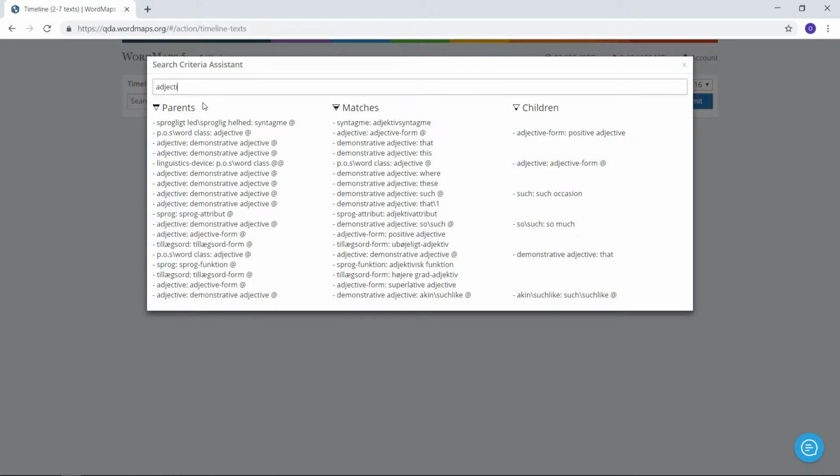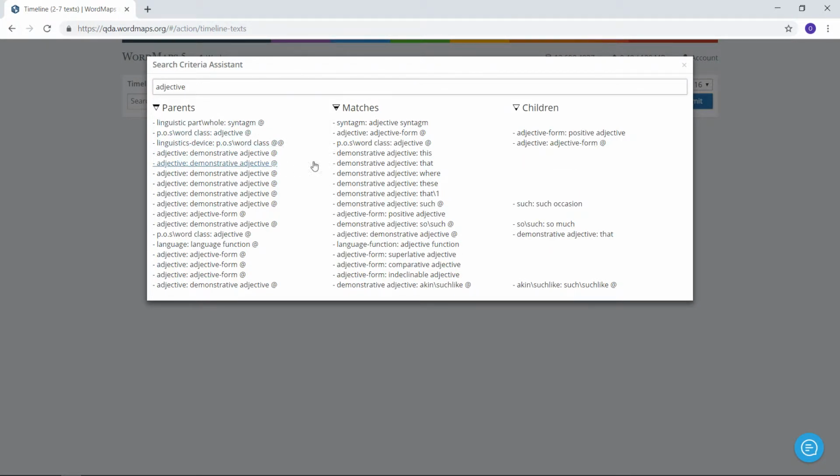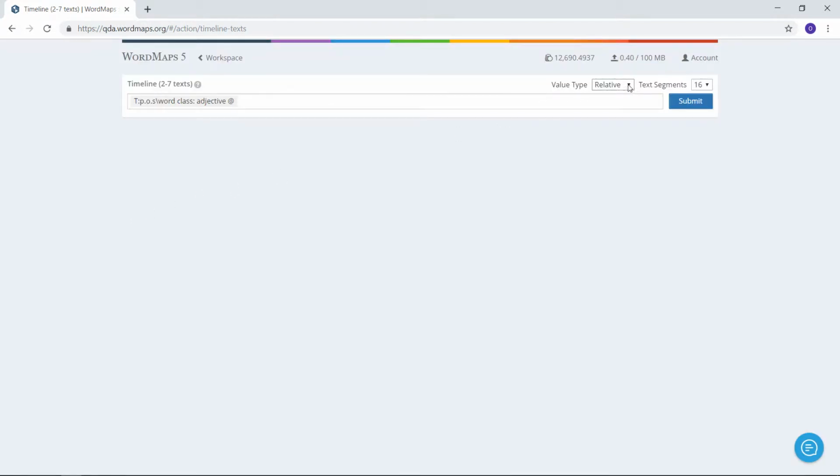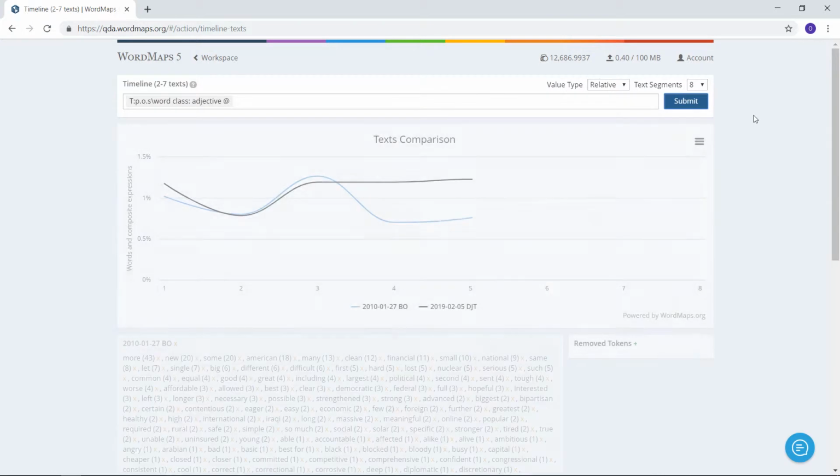So let's see here, word class adjective, and I'm going to have the relative because they're not the same size, we know that, so for that reason it's good that I do the relative analysis, and I'm going to divide the speech up into 8 parts. Let's see how that looks.